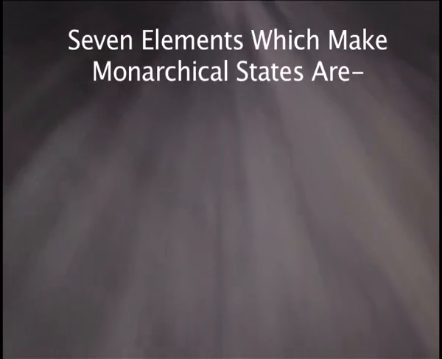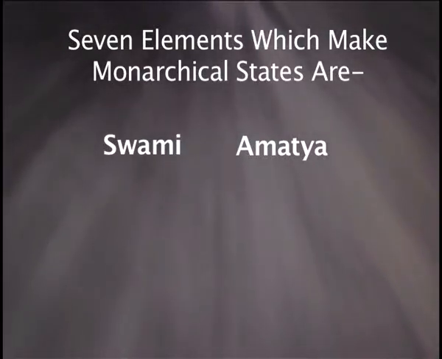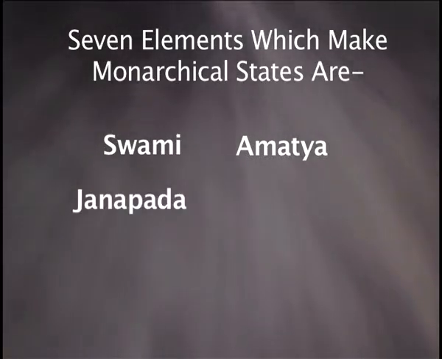These 7 elements are the Swami, or the head of the state, mostly the Raja or the king. Then comes the Amatya, or the functionaries, including ministers or mantris. The third is the Janapada or Rashtra, meaning the territory, or more specifically populated territory.